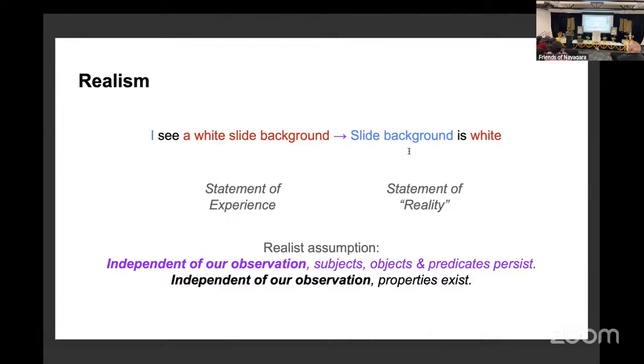The right sentence is a very efficient way of saying the left sentence, because we all assume that whether I looked at the slide or not, it was white. So I don't need to keep saying I see a white slide background. I can just say the slide background was white, whether I see it or not. So independent of our observation, subjects, objects, and predicates persist. Independent of our observations, properties are assigned to objects.